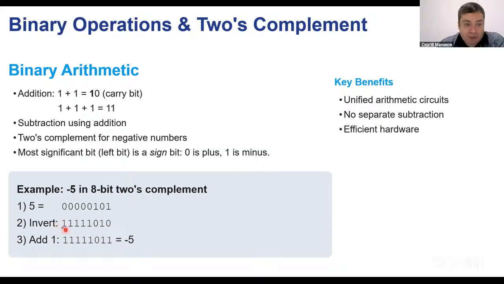And in this step, we already have our sign bit. It is 1 and it's minus. And the final simple step is adding 1, and then we get our -5 number in a 2's complement notation. So this number is the 2's complement for 5, for -5.